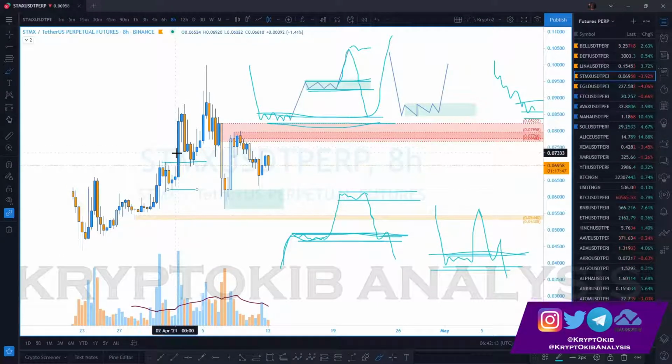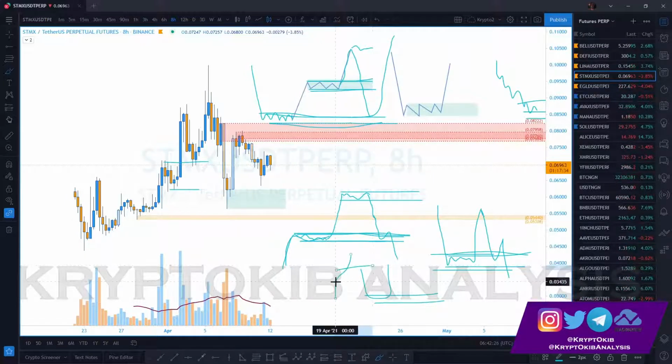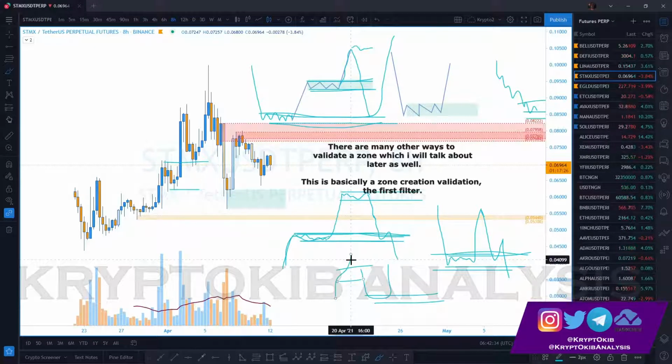If this is not supported with volume, then that won't be a genuine buy. So sometimes your rally-base-rally and your drop-base-rally will hold if and only if genuine buys came into the market, or if the news that is propelling the demand of that asset is still intact.